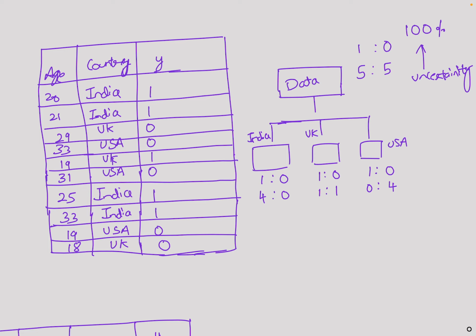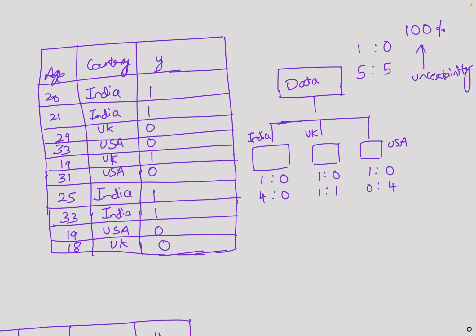So in future, if I get a record and let's say that record belongs to country India, I would just make the prediction that it will belong to class 1, because based on the previous history, in all the situations where the country was India, the class belongs to class 1.